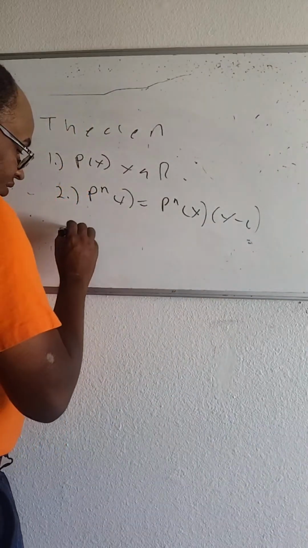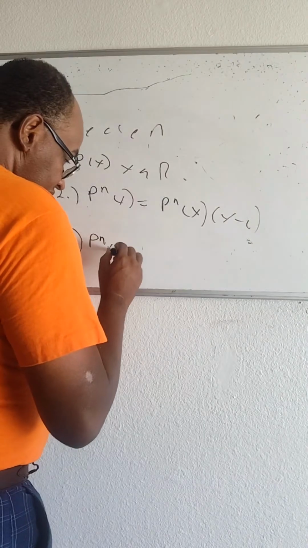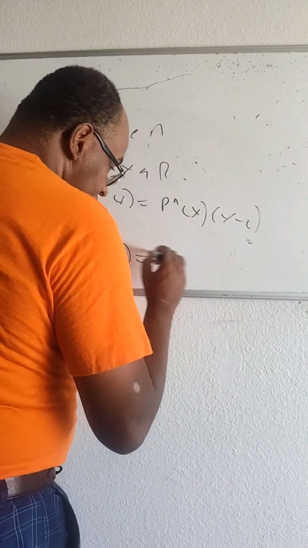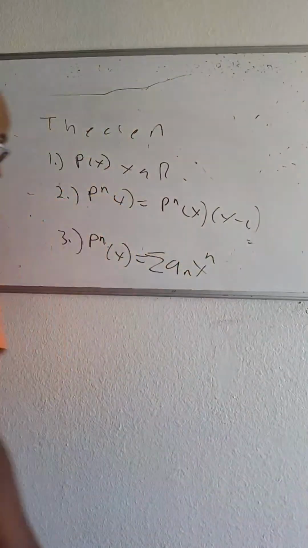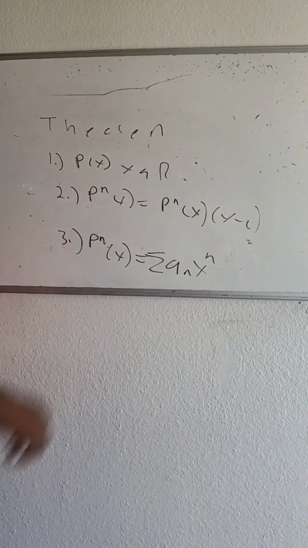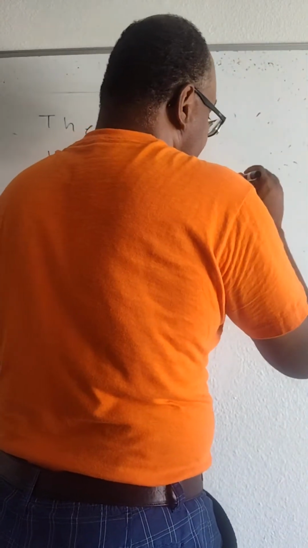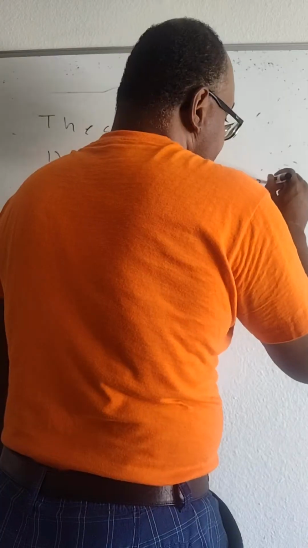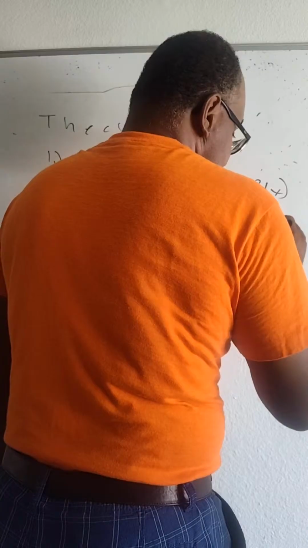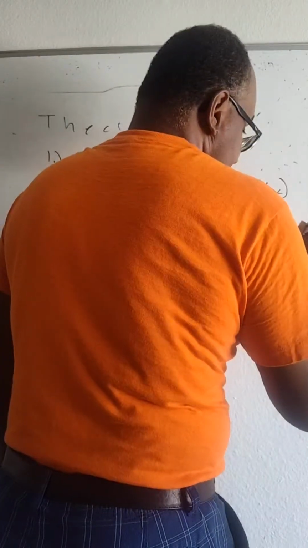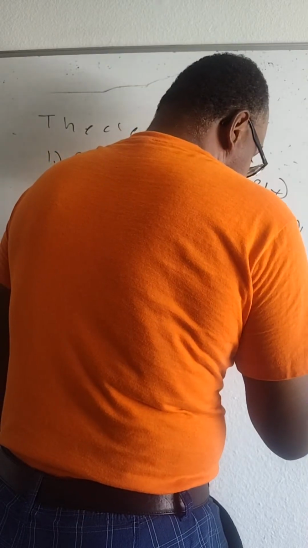And 3, we say P of x can be expressed as a n x to the n, right? So these are 3 main concepts, and one more I want to introduce you guys to. 4, we have a constant times P of x, or k times P of n x, and so we want n to be greater than 2, right?